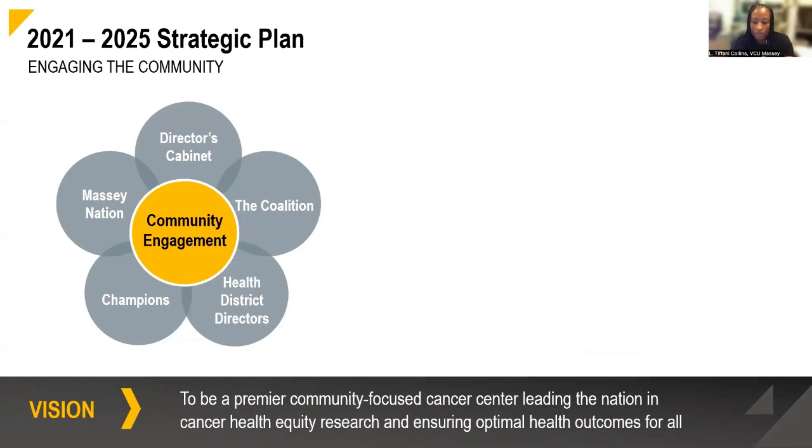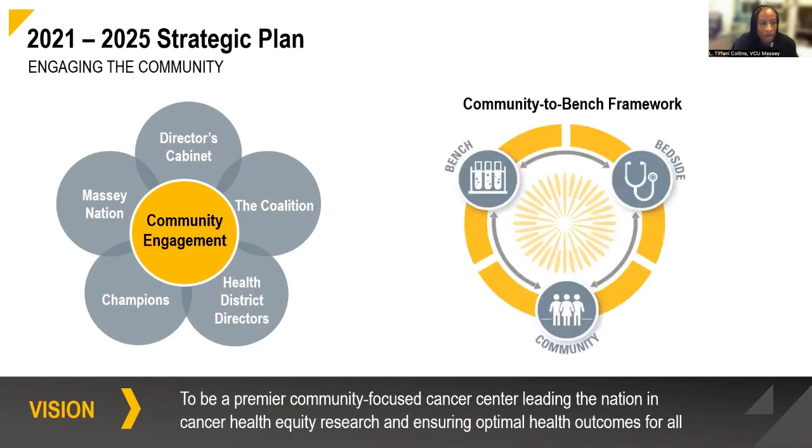From a cancer center perspective, we engage from the top of the organization with our philanthropic group, as you can see here, the Massey Nation. And then the director's cabinet, which is the committee that offers strategic direction to our cancer center director, Dr. Nguyen. We also have our coalition, who works with our community outreach and engagement department, and they are comprised of healthcare and education leaders.